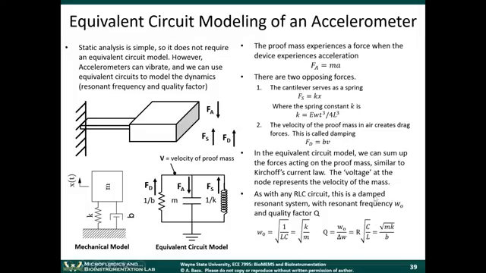So just to sum up this slide before we go on to more of these resonant systems. In the equivalent circuit model, we can sum up the forces acting on the proof mass similar to Kirchhoff's current law. The voltage at the node represents the velocity of the mass. In Kirchhoff's current law, we sum up currents, just as in the mechanical system we always add up the forces.